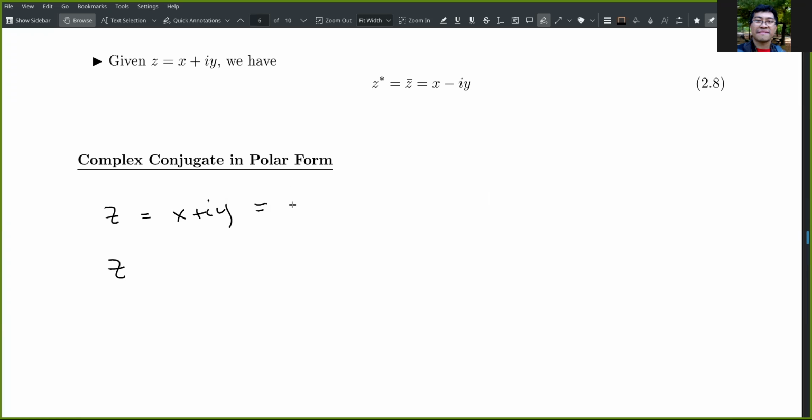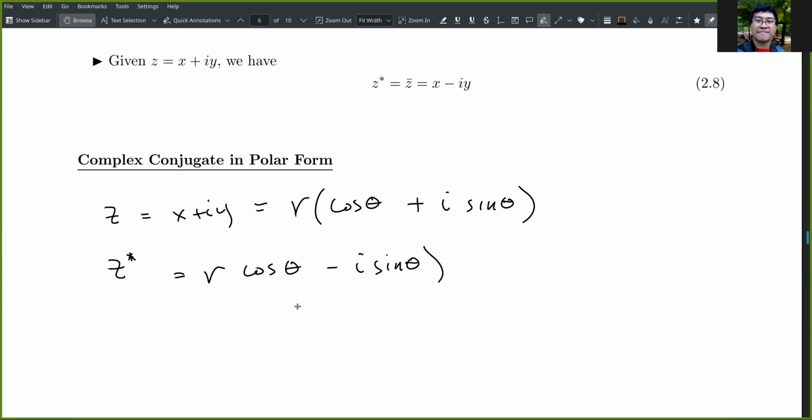Let me write this again. z is r cosine theta plus i sine theta. z bar, or z asterisk, would be r cosine theta minus i sine theta, or r e to the power of minus i theta.